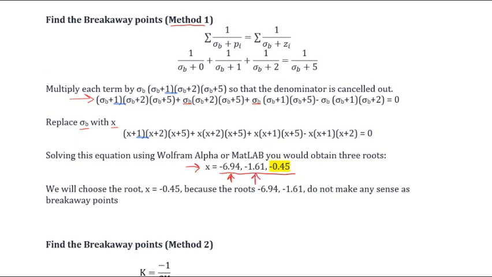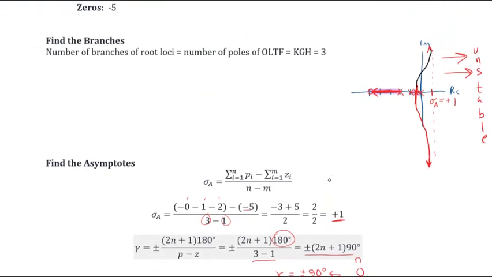So the location of negative 6.94, I'm just going to scroll up again here, that's going to be located out here. There's no branch out there, so that can't be a breakaway point. And this right here never breaks away.